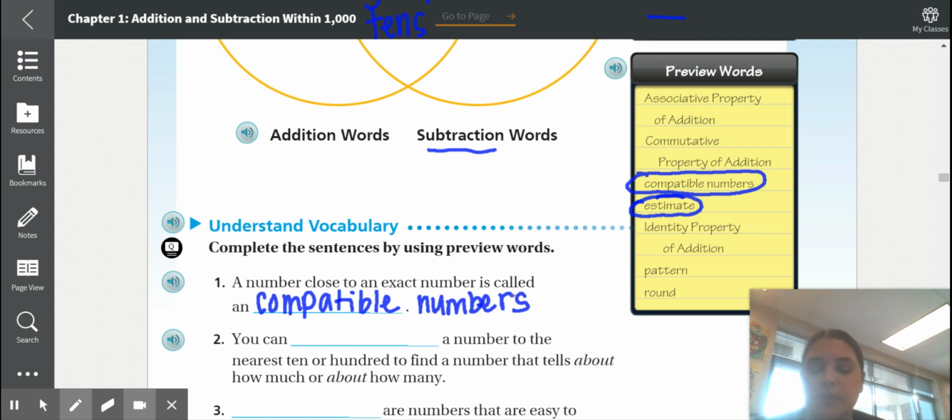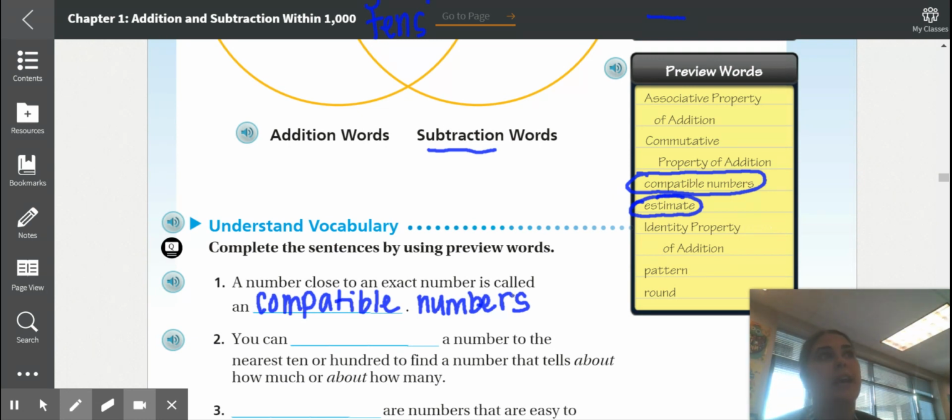Okay, number 2, you can estimate a number to the nearest 10 or the nearest 100 to find a number that tells about how much or about how many. This is the word estimate. When we estimate, we're making an educated guess of how many there are. So here's an example. We have 21 students in our class. We have exactly 21. That includes the kids at home and the students in the building.